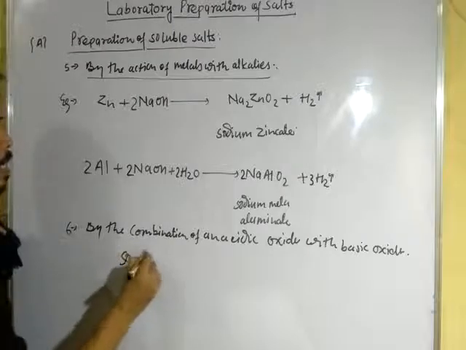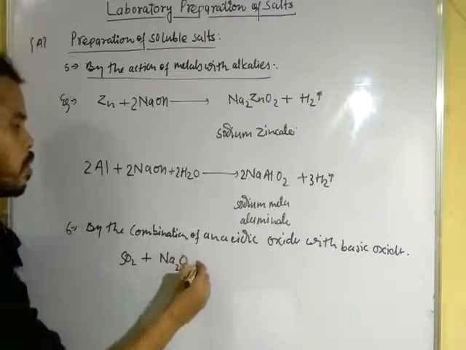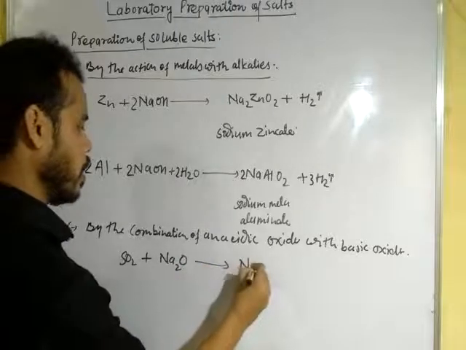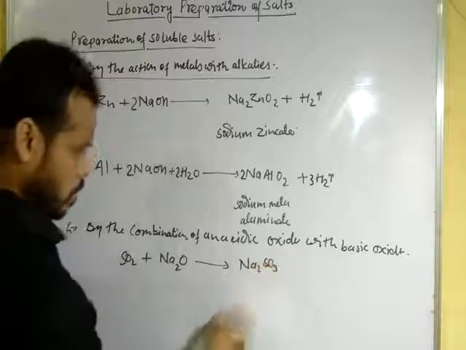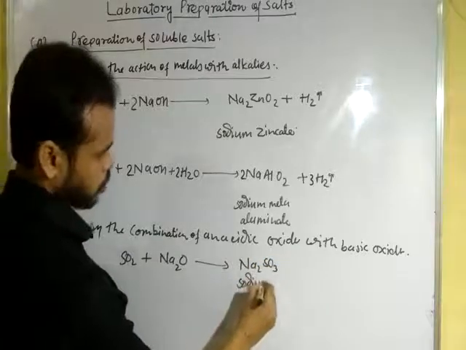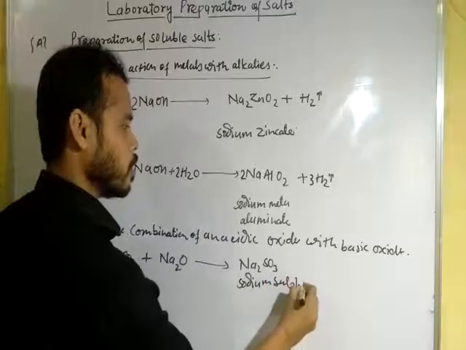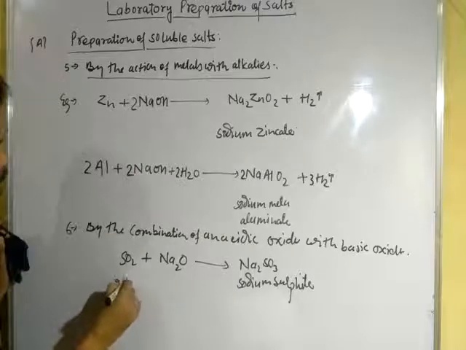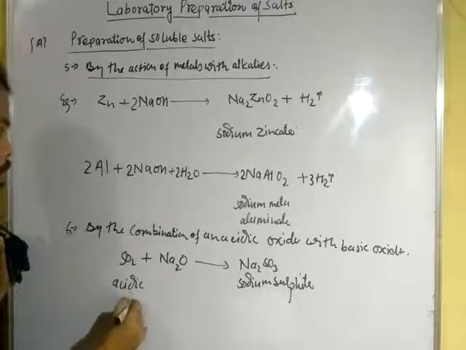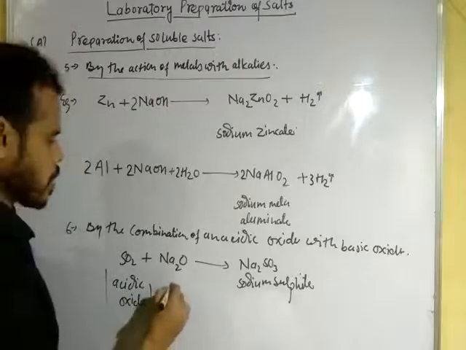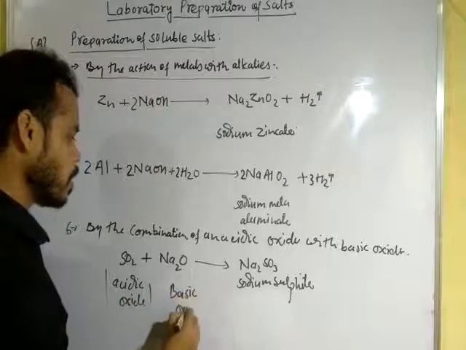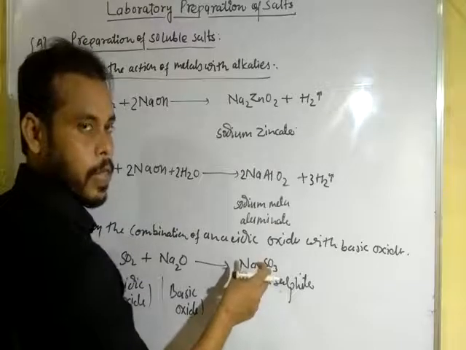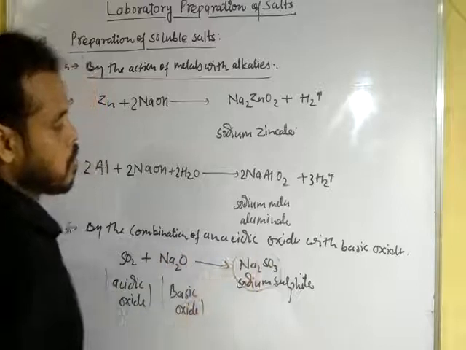When sulfur dioxide is treated with sodium oxide, Na2O, it forms sodium sulfite, Na2SO3. This is the acidic oxide and this is the basic oxide, and the salt prepared here is soluble in water, so it is a soluble salt.